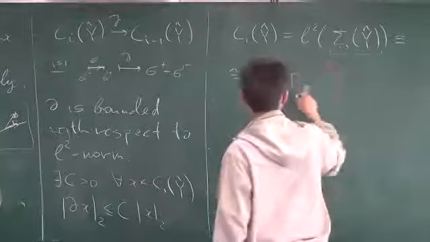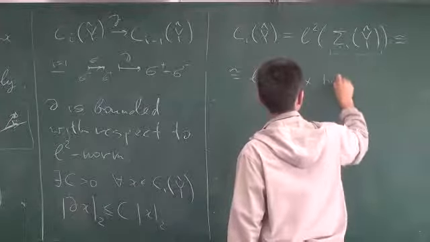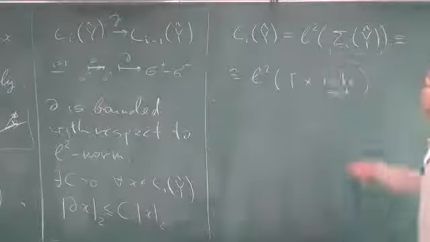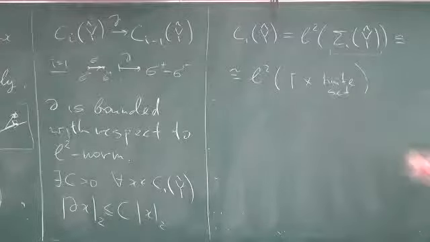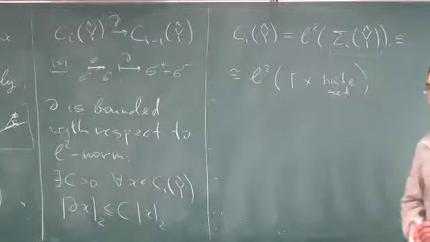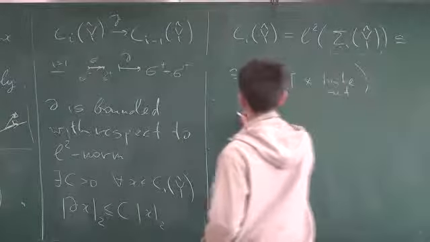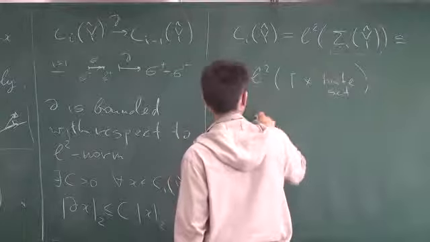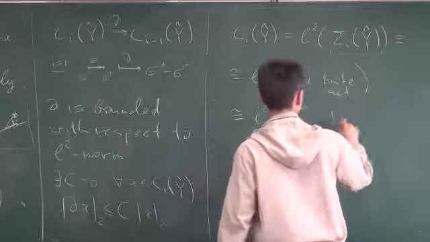So it's the same thing as Gamma times some finite set, where the cardinality of this finite set is the number of orbits. Let's say the cardinality is n. Then that's the same thing as Gamma to the power n.